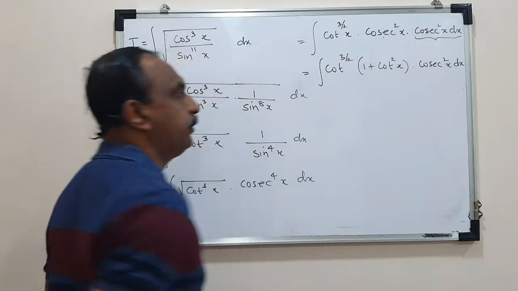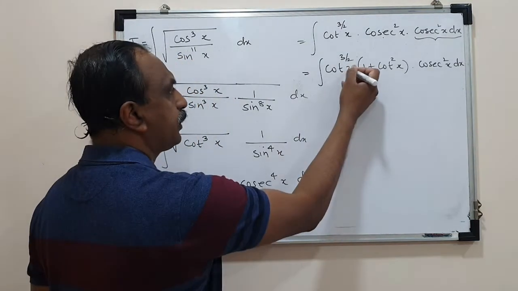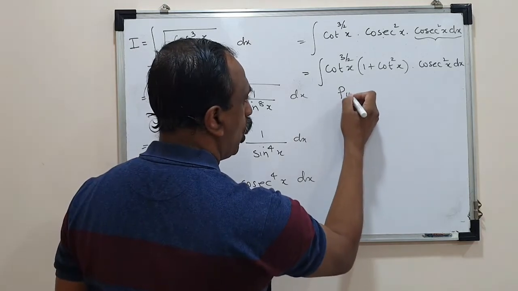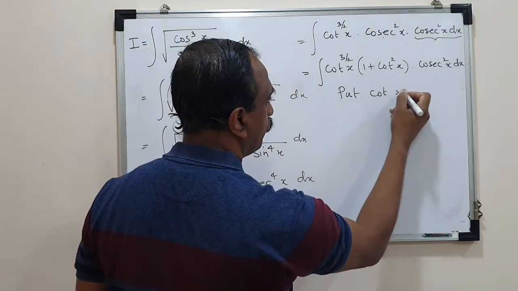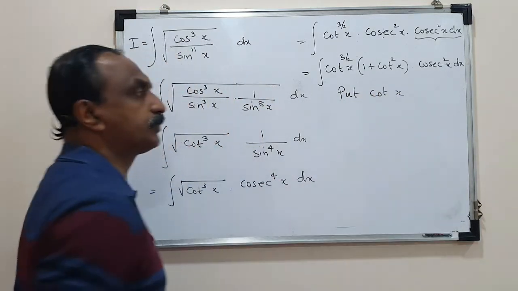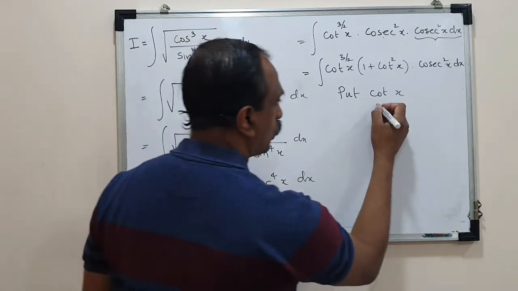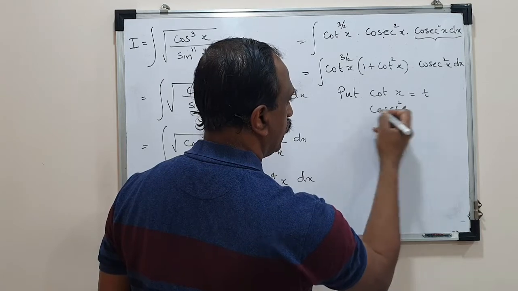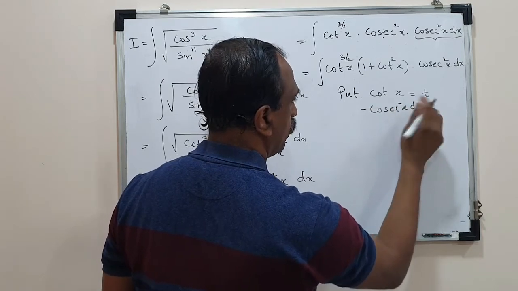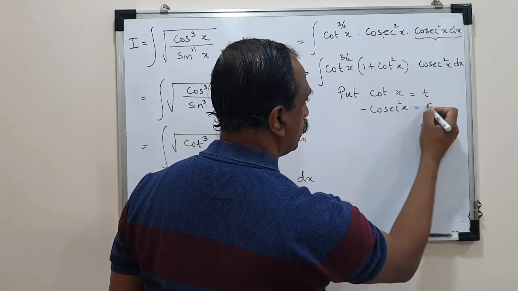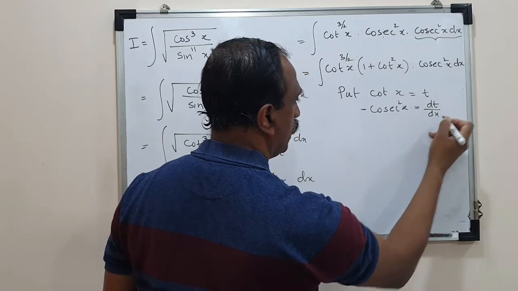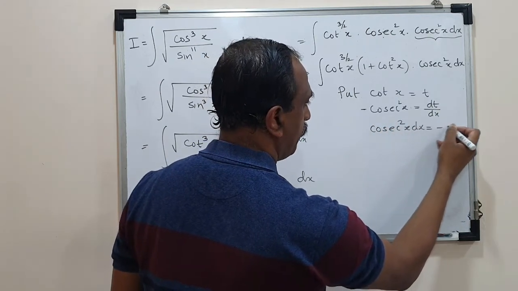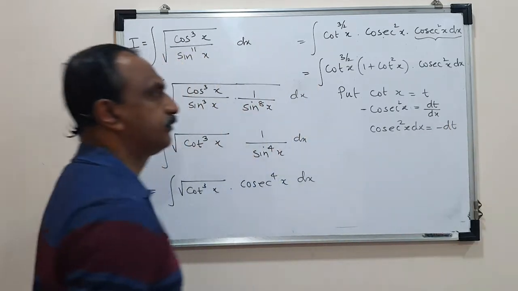So this problem is slightly different compared to what we did before. I will put cot x as t here because cot x derivative is present here. So cosec square x, with a negative sign, equals dt by dx, or cosec square x dx can be replaced by minus dt.